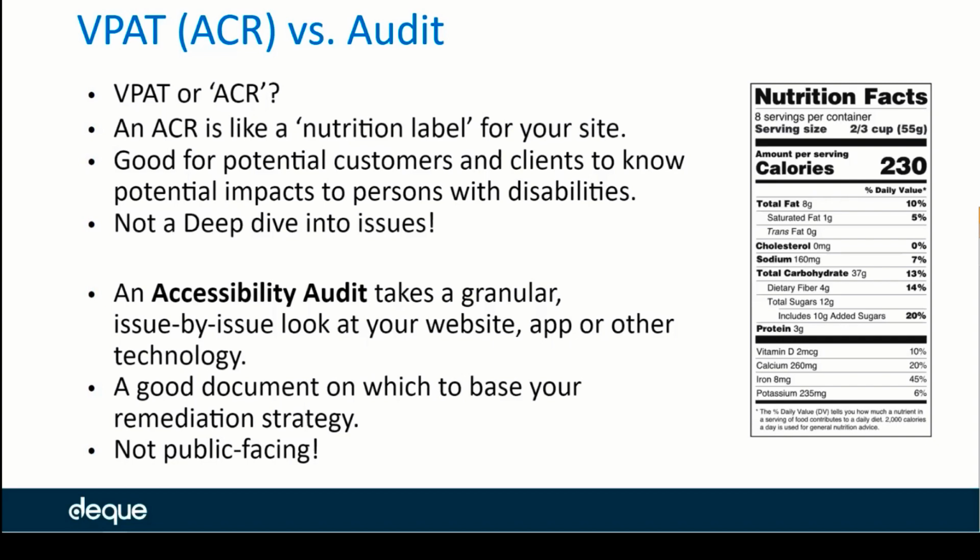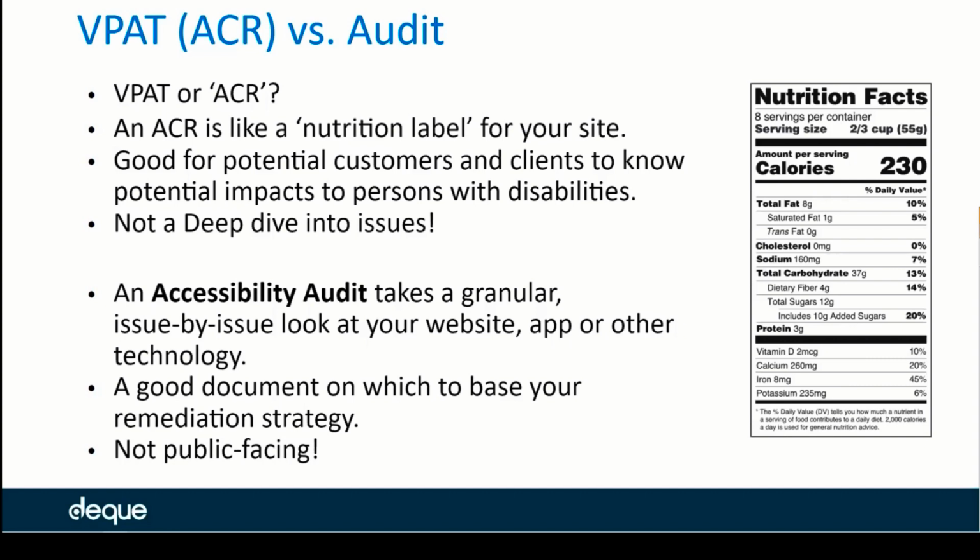It's good for potential customers and clients to know potential impacts to persons with disabilities, but it's not a deep dive into issues. Nutrition labels give you that kind of level, but they don't tell you how much of the ingredients are in there or even how to cook it. And that's the same way with an ACR. It's not going to tell you how many issues there are or where those issues are in exact format.